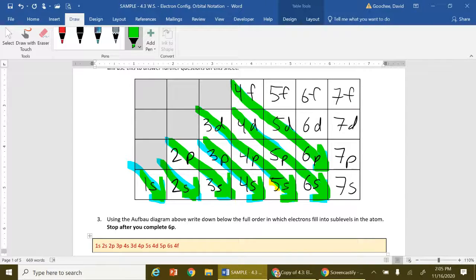I'm not having you do the whole thing. You're just stopping at 6p because I cannot possibly see us getting farther than that.